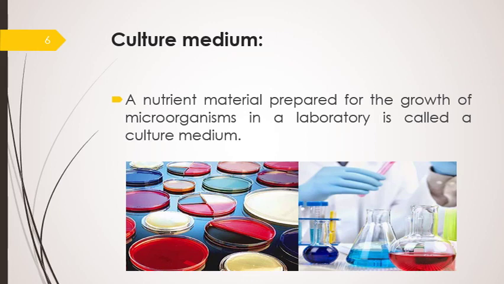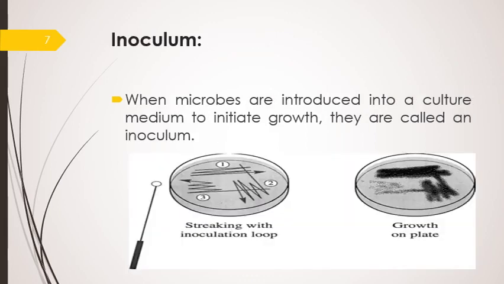And the culture medium is prepared with different components. So after the preparation of the culture medium, if one wants to grow a specific microorganism, he or she should have a spore or some sort of substance that starts growth in the culture medium.